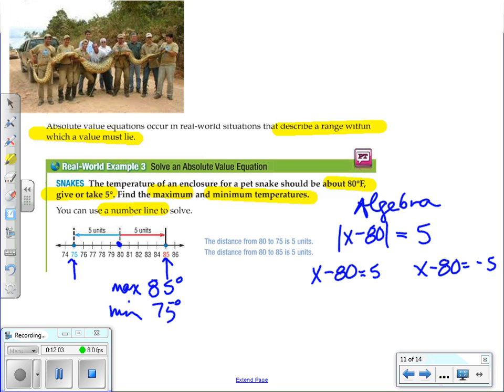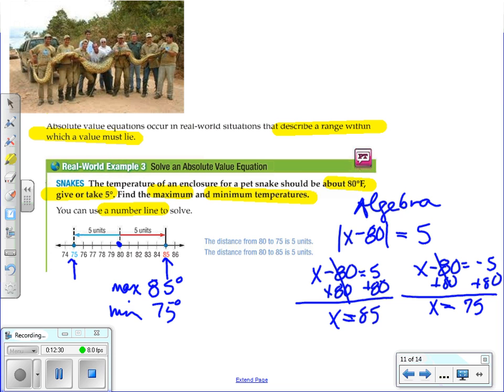We'll consider the positive value first. I'm going to add 80 to both sides to solve for x, and x equals 85, right? I'm going to now do the negative consideration, and I'm going to add 80 to both sides, and x equals 75. So our solution set is 75 and 85, on a number line looking something like that.